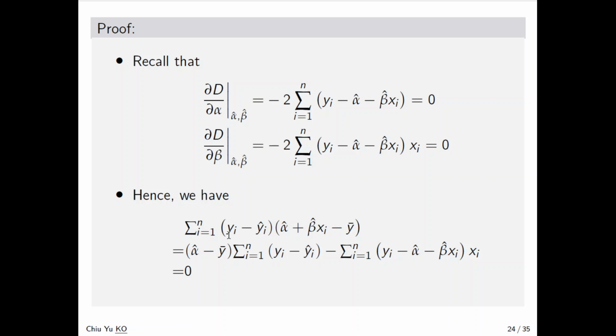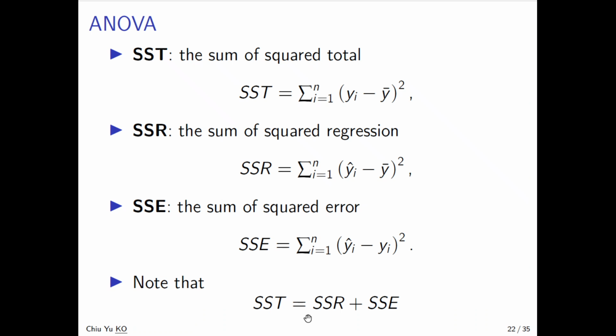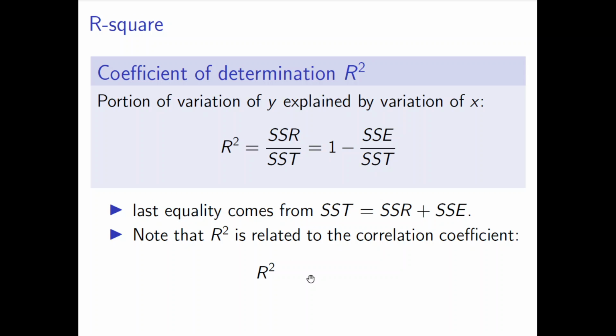So we have proved this decomposition equation. Now, since it is up to 1, we have a nice formula for R square, which is something very important: SSR over SST is equal to 1 minus SSE over SST, because this comes from this equation.